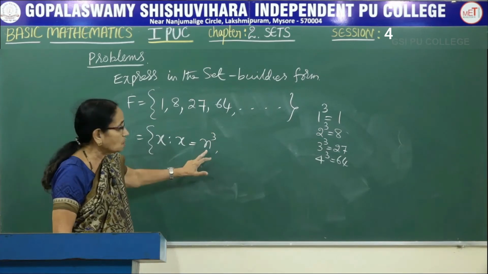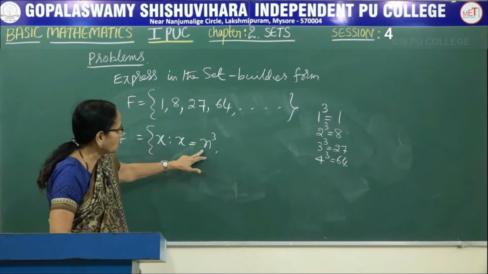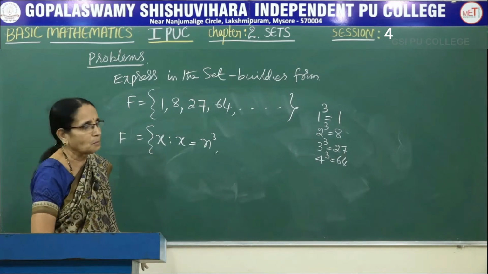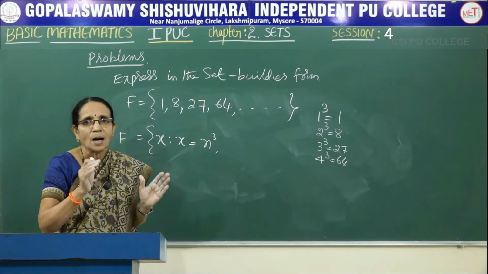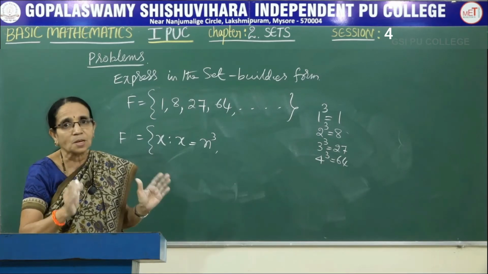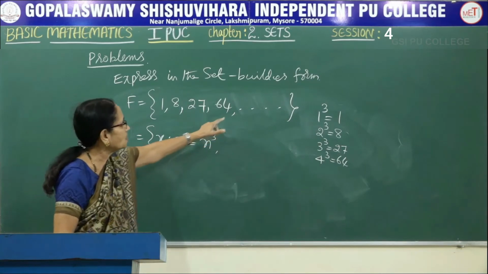So n changes, the base changes the value, the index remains the same here. In this case, instead of a square there, the numbers are cube of a particular number. But in the previous one, I had started with 1, ended with 100. So there was some restriction. I had to take the number between only 1 and 10. Whereas here, there is no end at all.